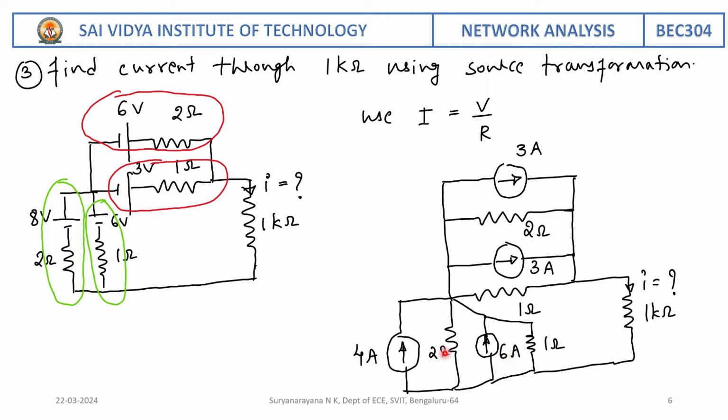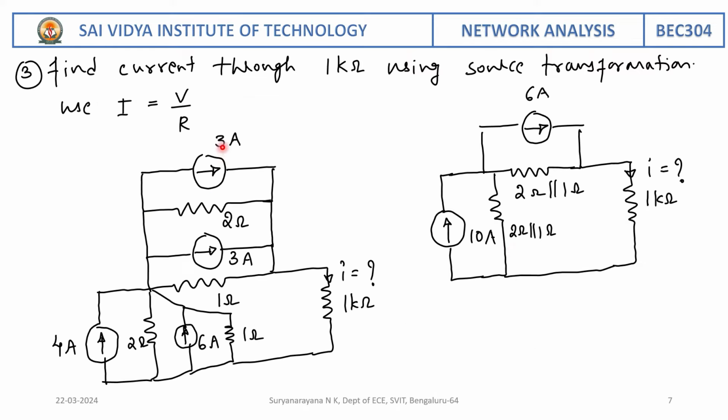Write the corresponding resistance across the current source. We observe in this diagram the current sources are in series. Here the current sources are in parallel, and here the current sources are in parallel. Since the current direction in both branches is the same, we can add.